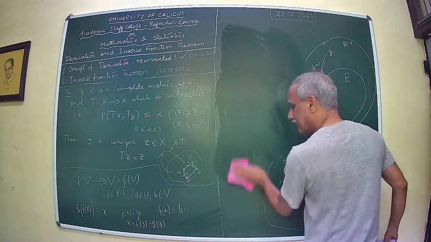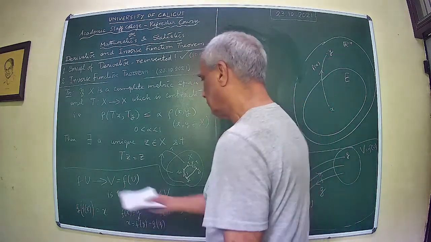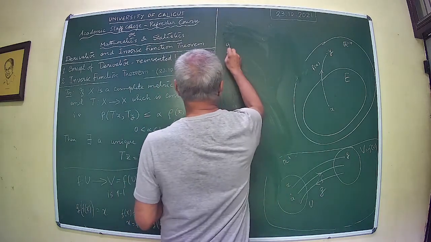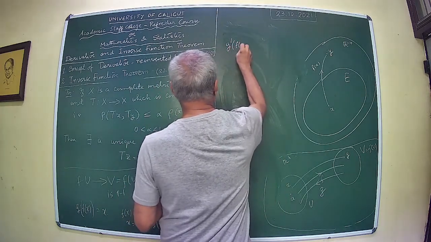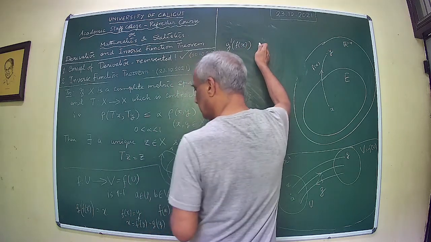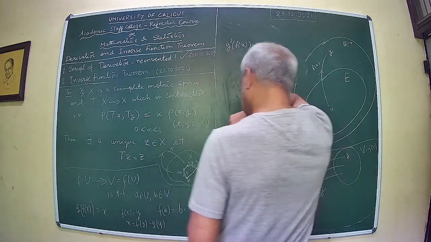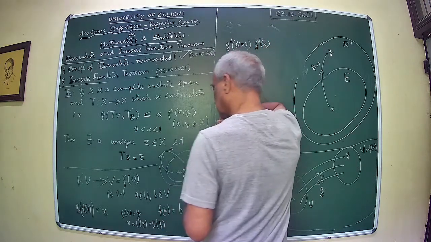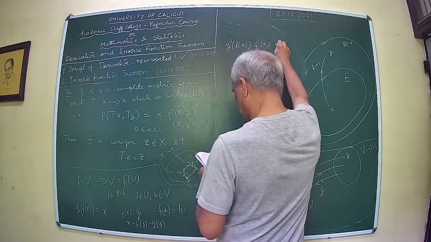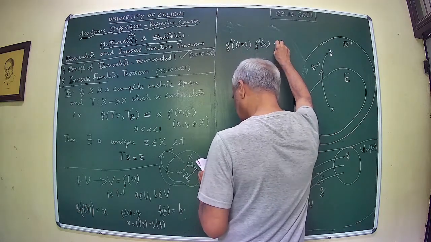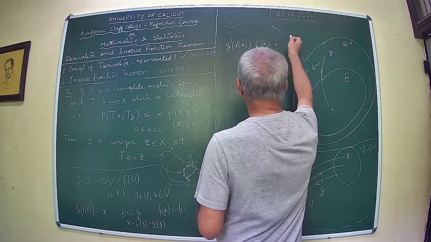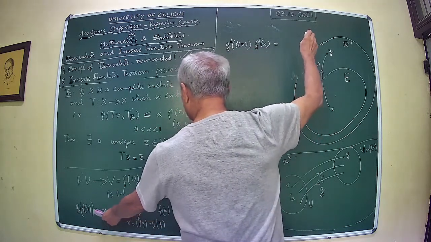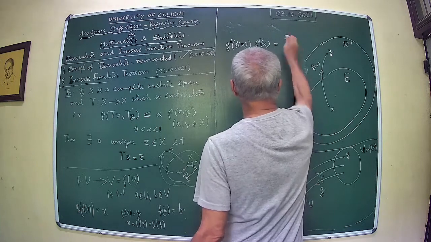How does the derivative work? You use the function of function rule. G derivative at f(x) operating over f derivative of x is equal to, you know that this is the identity map, x going to x, so this is the identity operator.